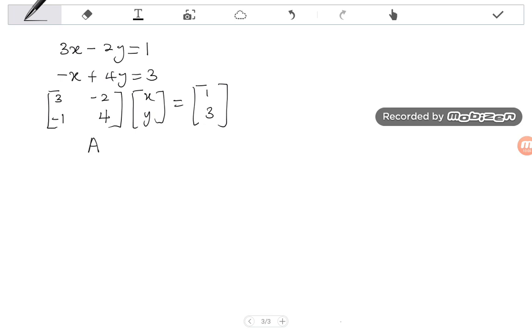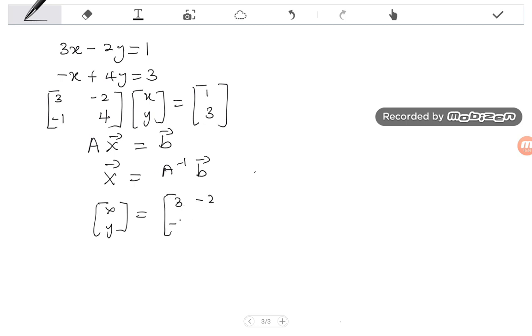Okay, so we label this as A multiplying the vector x is equal to the vector b. Now we've been able to deduce that if we have our matrix equation in this form, then x bar is equal to A inverse times the vector b. Okay, so to get our x and y, this is equal to the matrix 3, minus 2, minus 1, 4 inverse times 1, 3.